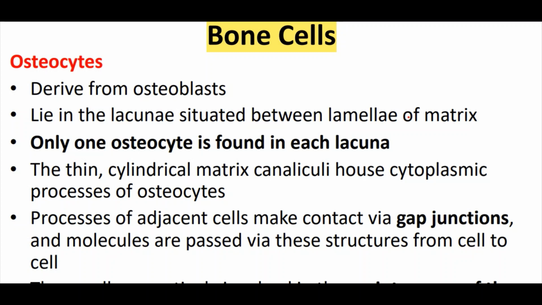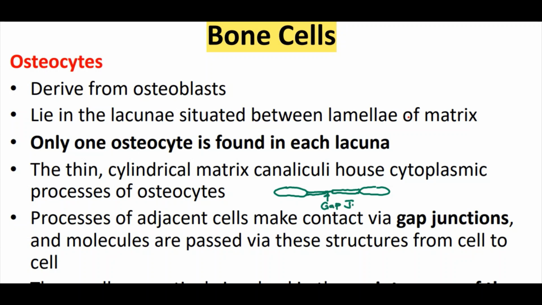What that means is that when this is an osteocyte and this is an osteocyte here, this osteocyte is going to give a cytoplasmic process which will lie in a canaliculus, and this one will also give a cytoplasmic process which will lie in a canaliculus. These two communicate via gap junctions.